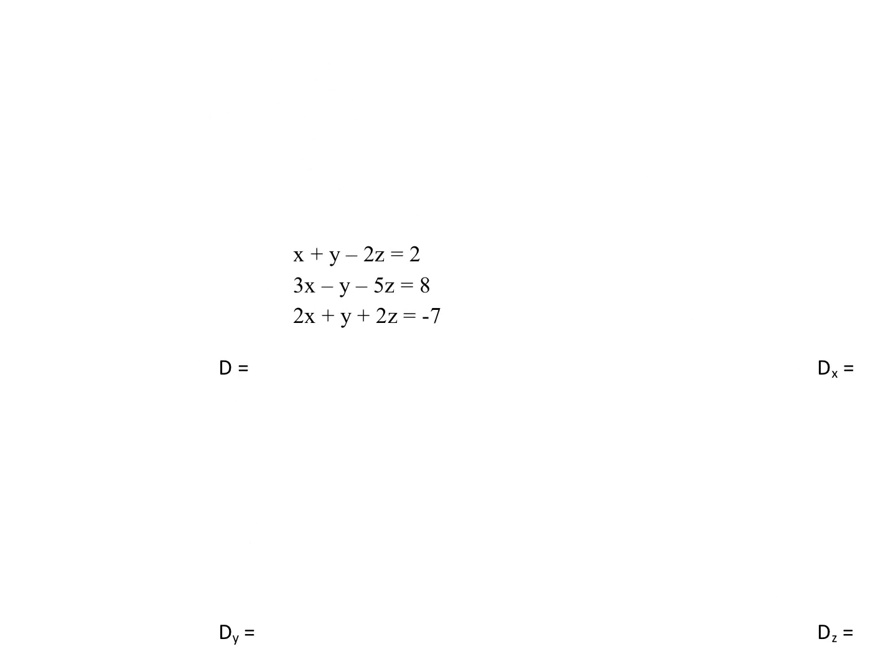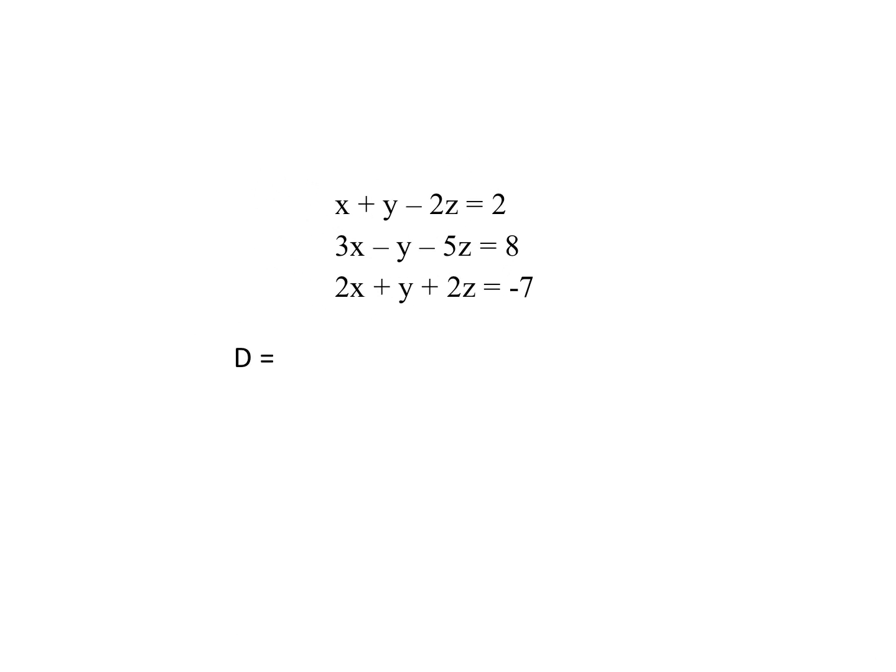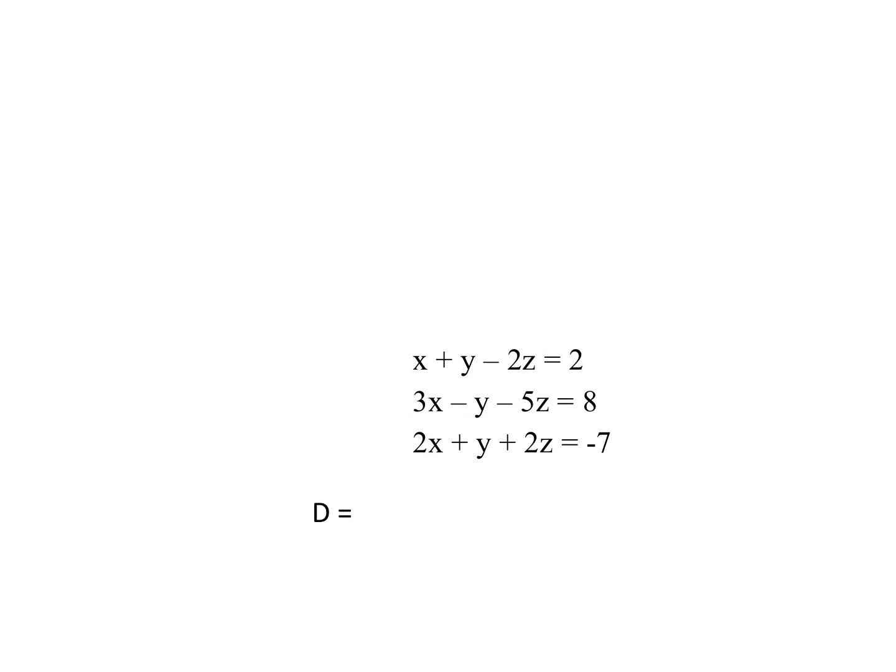Okay, just for practice, let's try a 3-variable one. These aren't the most fun in the world, but they shouldn't be the most difficult. It's just more time consuming than anything. So again, let's first set up our columns. What's going to go in our x column? 1, 3, and 2.